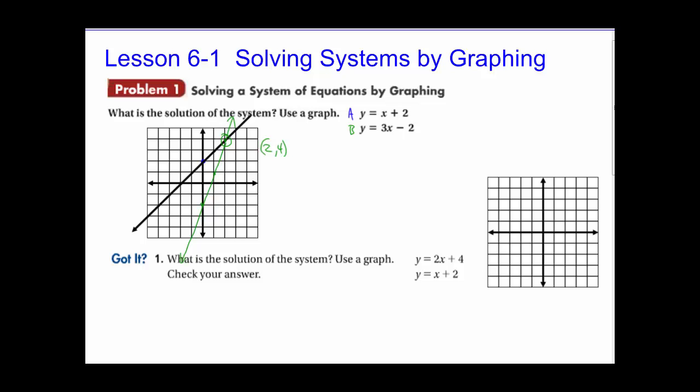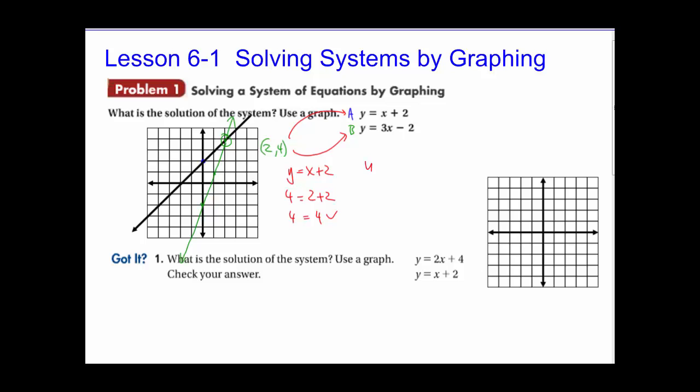If we need to check, we take this point and plug it in for x and y in each equation. We take y equals x plus 2, and plug in 4 for y, 2 for x. 4 should equal 2 plus 2, which is 4. So that point is on the A equation.